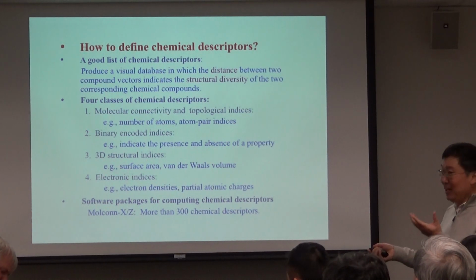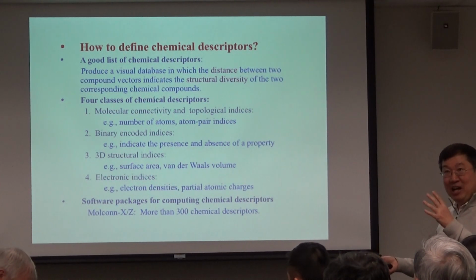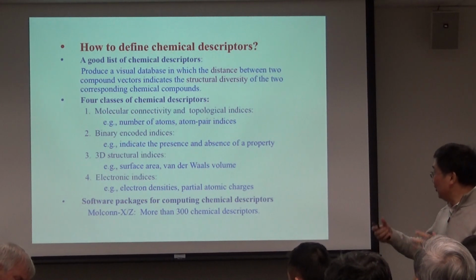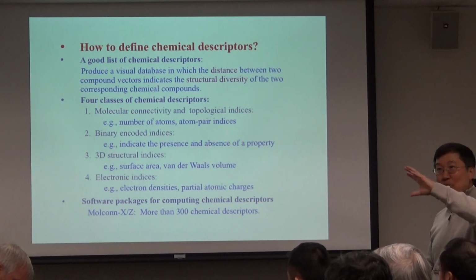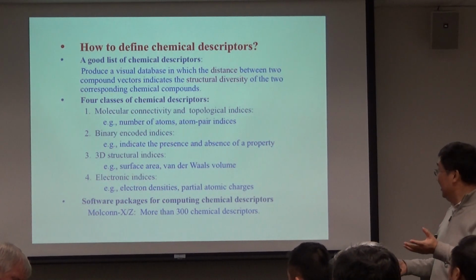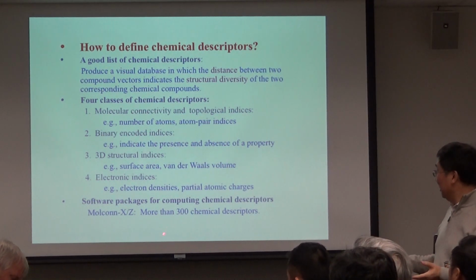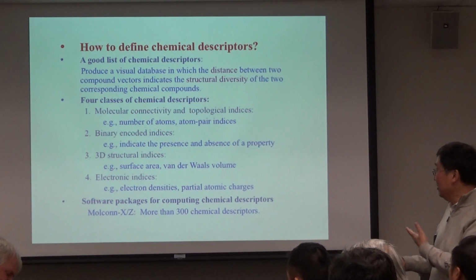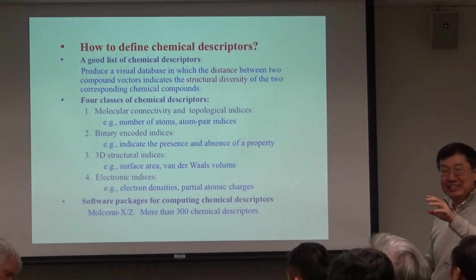This is the part where I'm now working out the three-dimensional molecular structure, and then we want to calculate the surface area and some volume. Especially you have some partial atomic charges, and I think most important you have to calculate electrostatics.